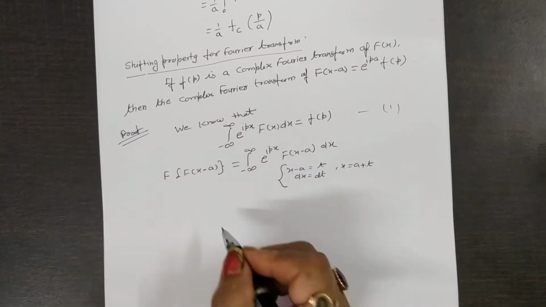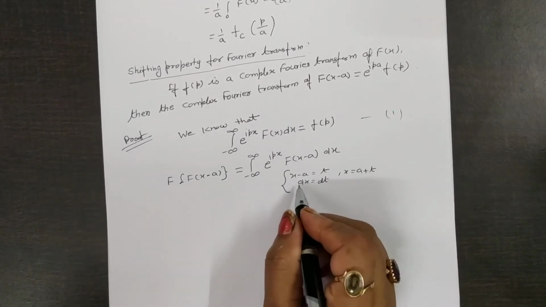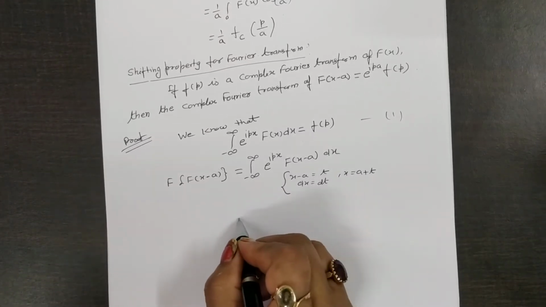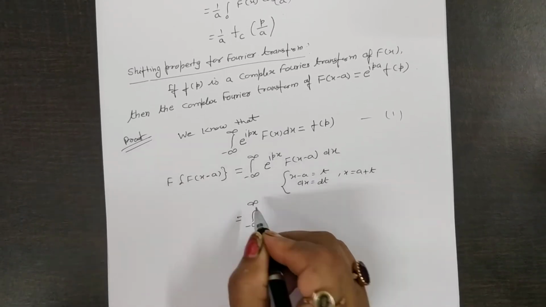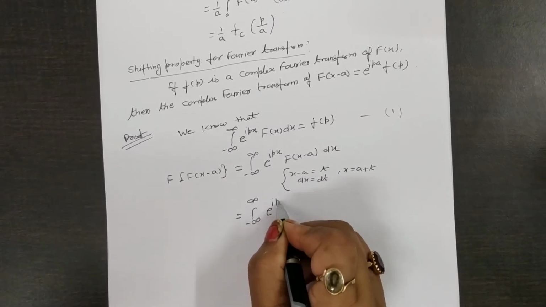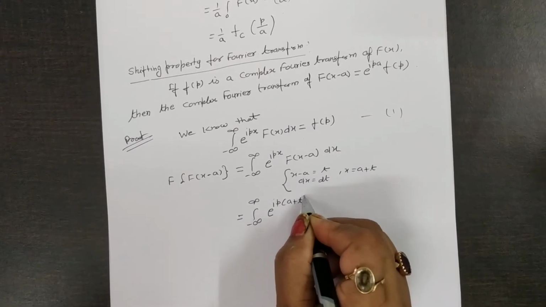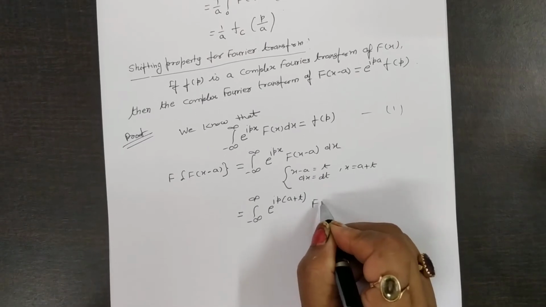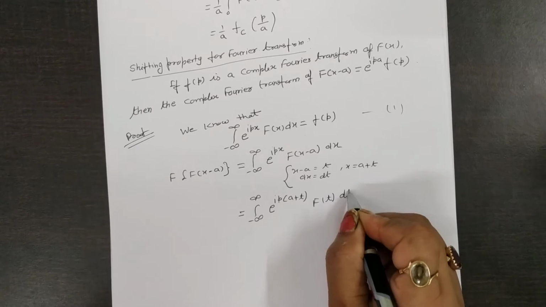The limits remain the same, because substituting minus infinity in place of x gives minus infinity, and plus infinity gives plus infinity. So the limit is minus infinity to infinity. Here e to the power ip, in place of x you write a plus t, and f(t), and in place of dx you write dt.